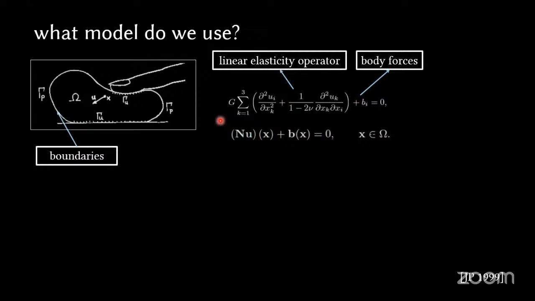So let's try to rewrite this a bit more simply, and you get this. You have this equation, which should be satisfied on all of the domain. All your Navier equations should be satisfied over the entire domain omega.